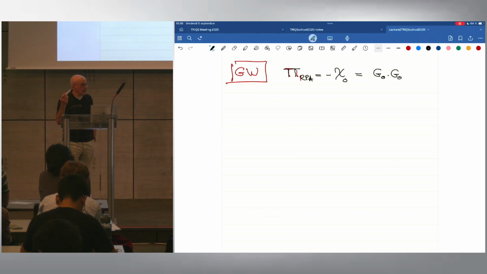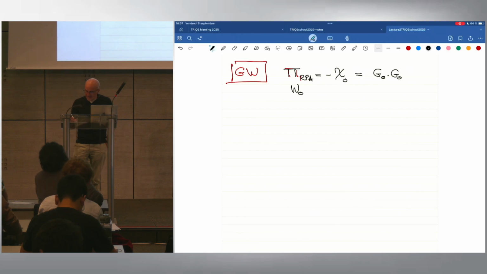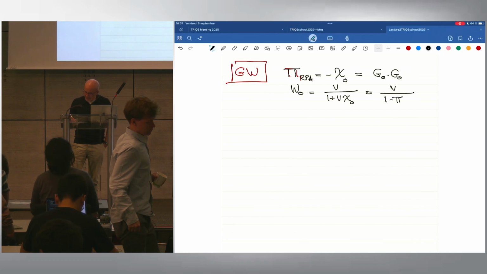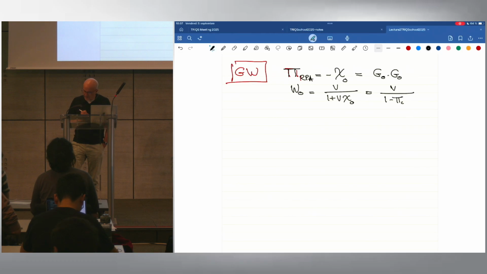Or it's a convolution in momentum space and frequency space. You've seen from Hugo's lecture how we calculate these things. So that's the RPA approximation. And similarly, at the same level, we've seen that in RPA, W, which now I'm going to put a 0 for RPA, okay? W naught was V over 1 plus V chi naught, right? Or V over 1 minus pi RPA V. Okay?